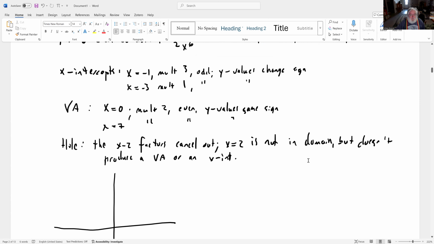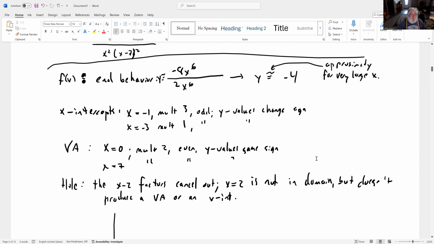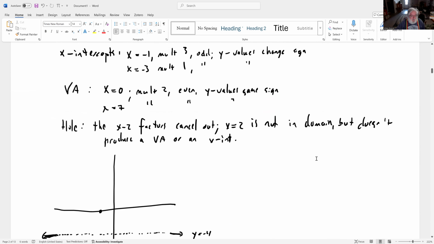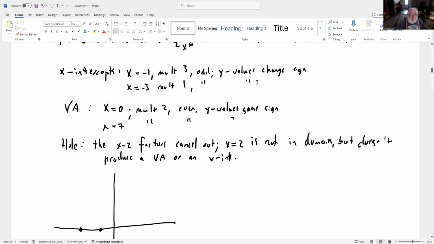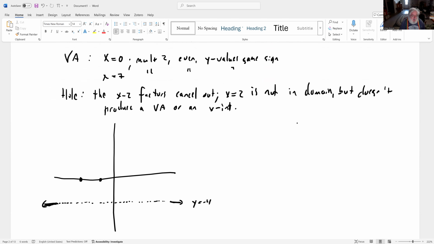X equals -1 and -3 are our two x-intercepts, and we change sign. That means we go through it. At x equals 0, we have a vertical asymptote.